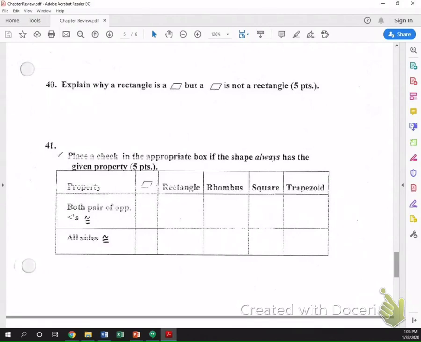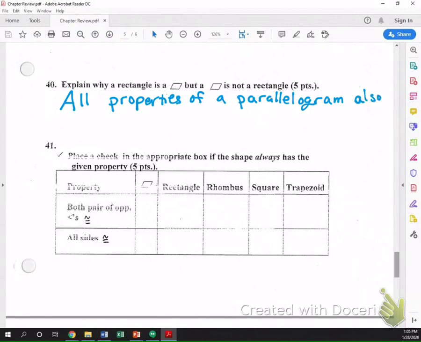All the features of a parallelogram also apply to rectangles except for the rectangle-exclusive things. Okay, so all the properties of a parallelogram also work for a rectangle?